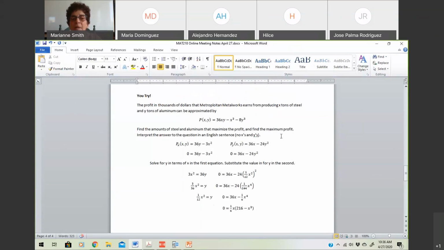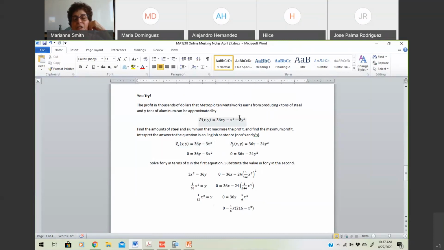Okay, I know you're still working on this, but take a look over here where we're taking the first partials with respect to X. Okay, only the first two terms will give me anything. If I differentiate this first term with respect to X, I get 36Y. If I differentiate the second term with respect to X, I get negative 3X squared.